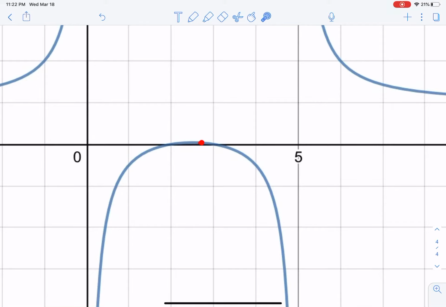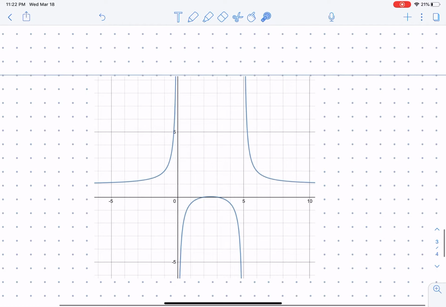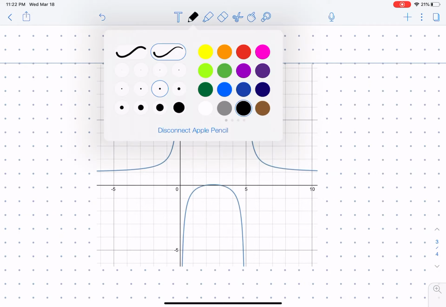And this little part, you'll notice, is bordered by places where it actually crosses the x-axis. So when I look at this graph, I see 4 different places that are going to be important to us.